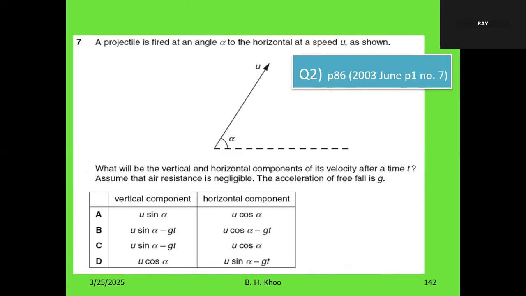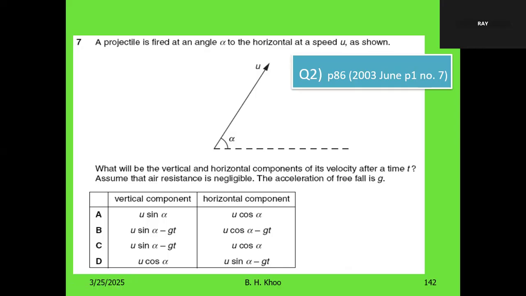Okay, how about this one? Projectile is fired at an angle alpha to the horizontal at a speed u as shown. What will be the horizontal component of velocity at time t, assuming air resistance is negligible and the acceleration of free fall is g?